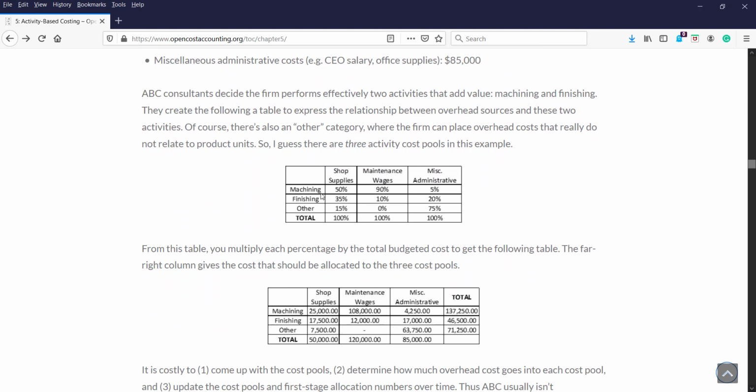We have on the y-axis here of this table a variety of actual general ledger cost categories that we're saying get split into these different activity cost pools. And we have percentages of how much of each of these costs goes to the individual cost pools. We're trying to account for all of the costs in each of these general ledger categories into these new groupings.